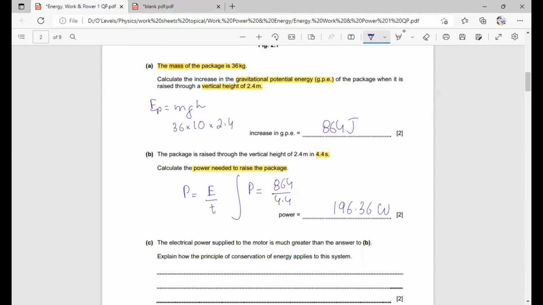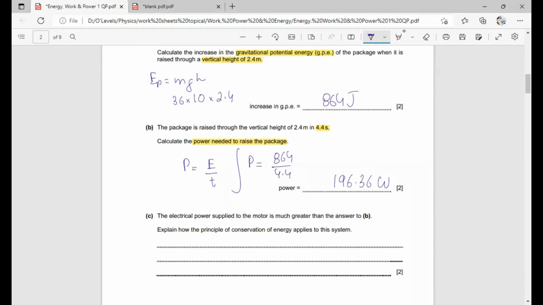Now, in part C, the electrical power supplied to the motor is much greater than the answer to B. Explain how the principle of energy conservation applies to the system.